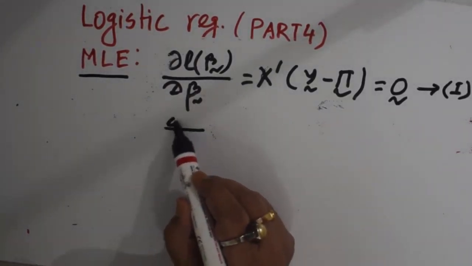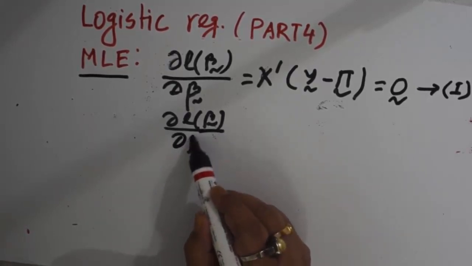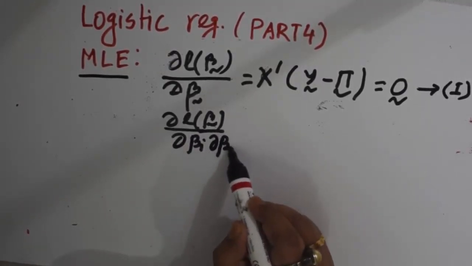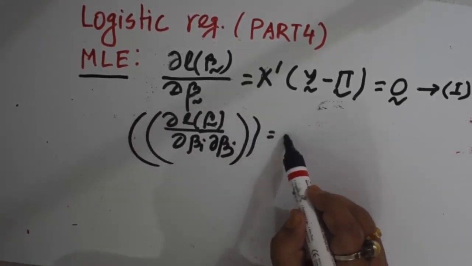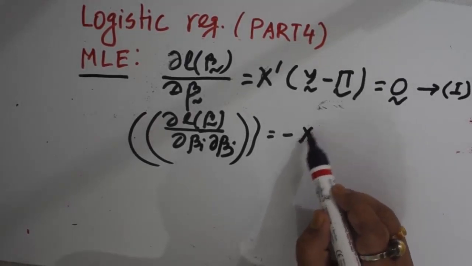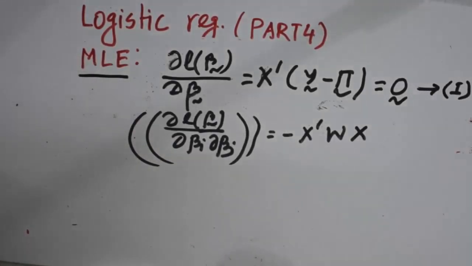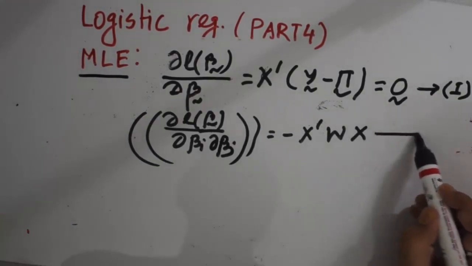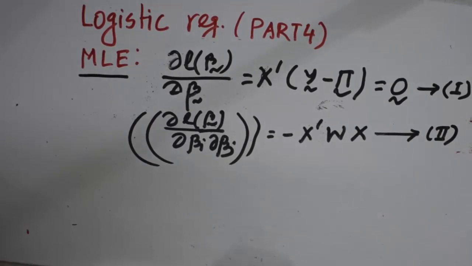And this is called the Hessian matrix, and this is equal to X prime W X. I denote it by 2.